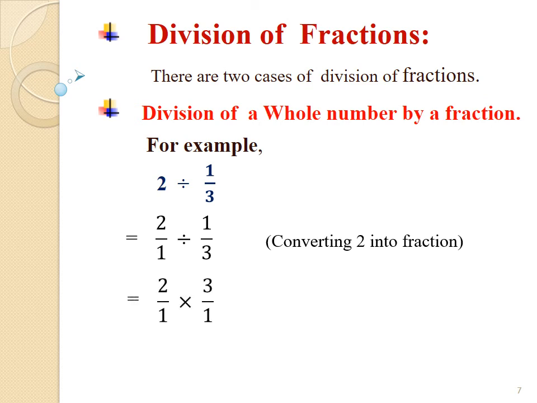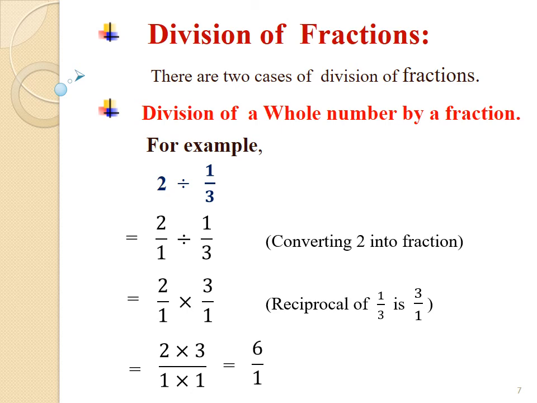The reciprocal of 1 upon 3 is 3 upon 1. Now, we have to multiply 2 by 3 and 1 by 1. Thus, multiplying 2 by 3 and 1 by 1, we get 6 upon 1. 6 upon 1 is equal to 6.